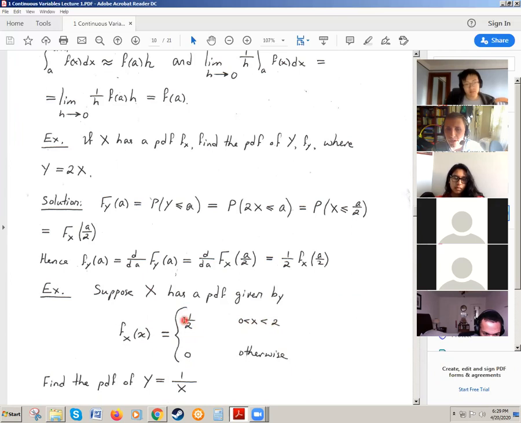That means that the density function is everywhere the same, right? So we have values from 0 to 2, and the density function is 1/2. I want you to find the density function for y, where y equals 1 divided by x. See if you can do that. Understand? I want you to find little f y. How is 1 over x distributed?